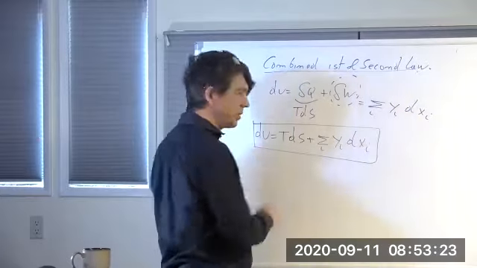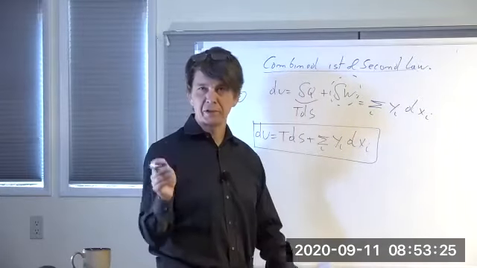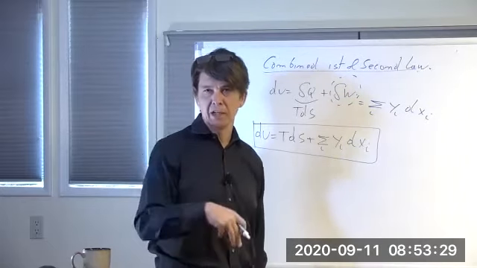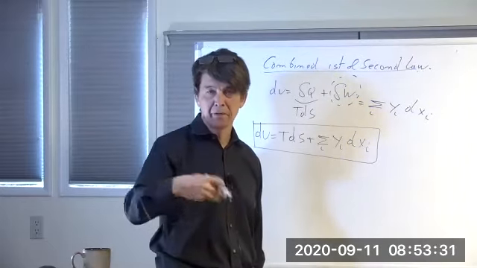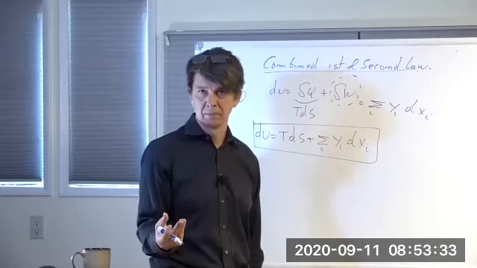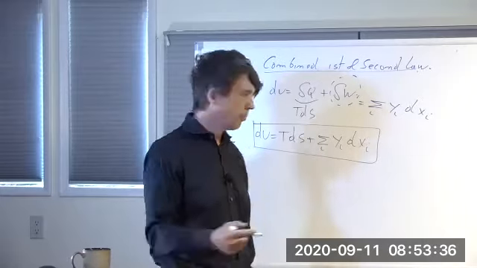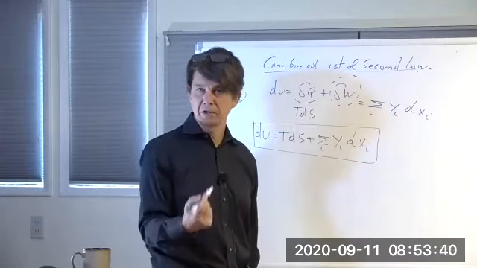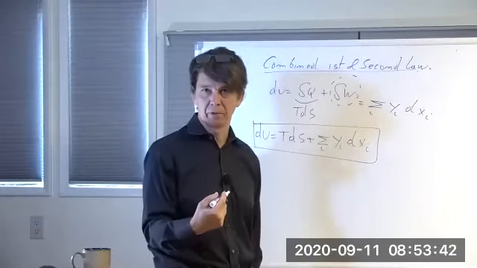This is my change in internal energy. That has nothing to do with reversible or irreversible. You're just looking at a change of state in the variable space of the system. All these things are well defined in each state. It really doesn't matter if I did that reversible or irreversible, right?